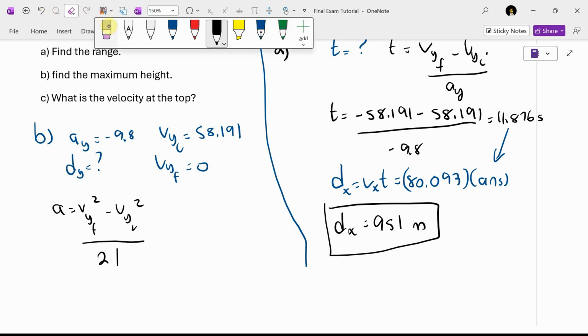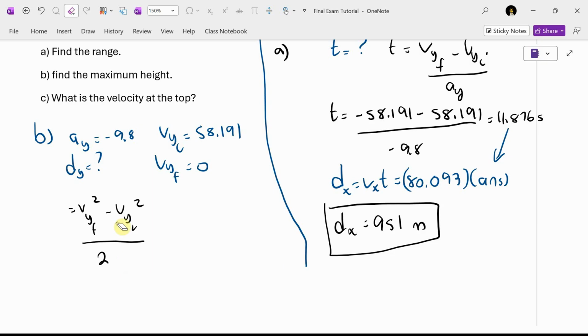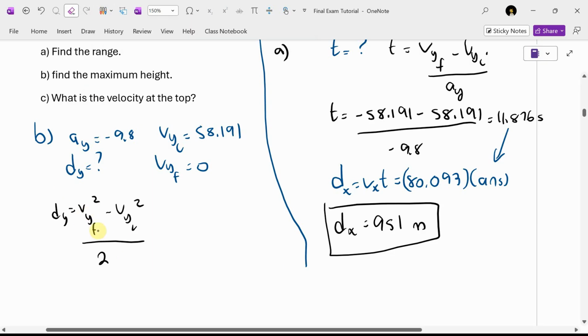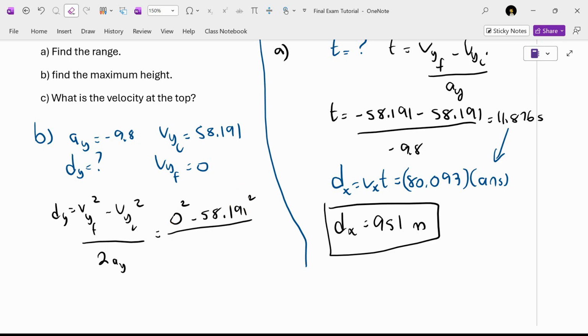I'm finding D, not A. Put the letters in the wrong place. dy equals Vy final squared minus Vy initial squared all over 2 ay. It's going to be 0 squared minus 58.191 squared, all divided by 2 times negative 9.8.